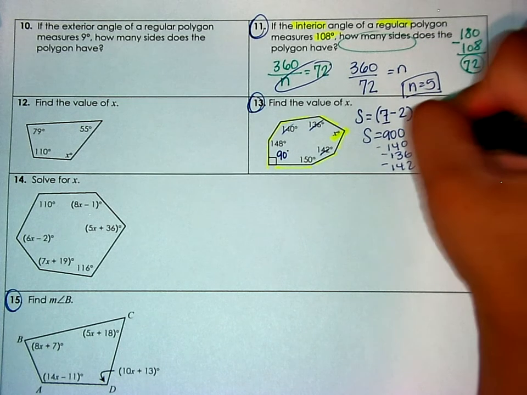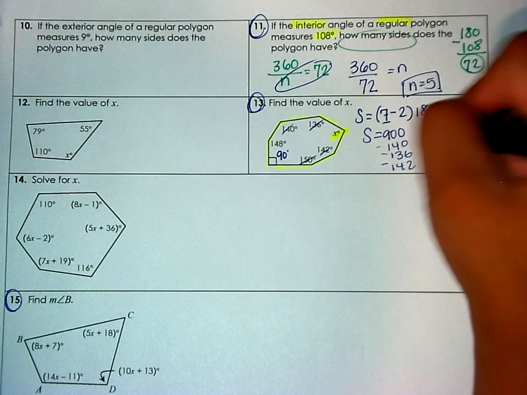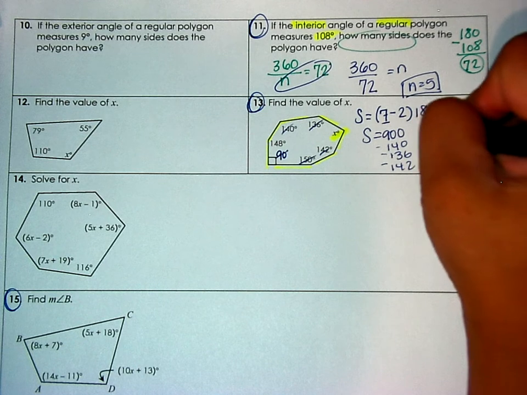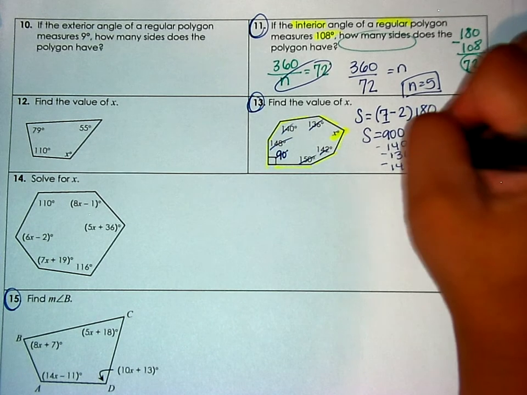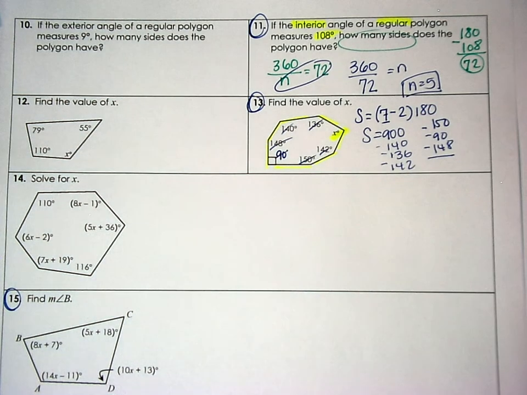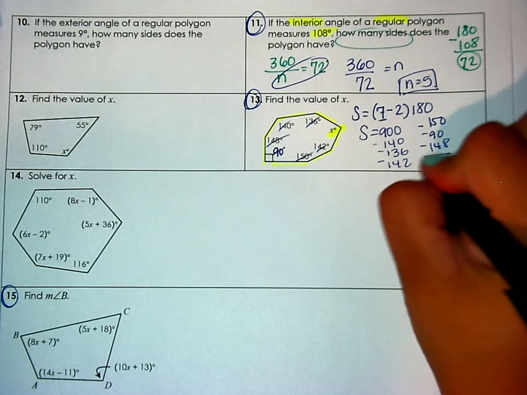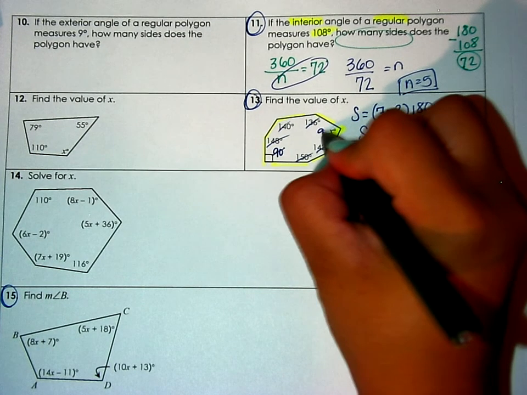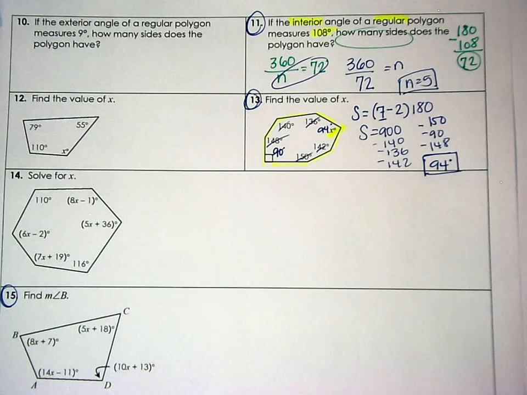Then I'm going to do 150. Don't forget the 90. And then finally 148. Once I subtract all of them out, so I do 900 minus all of those, I get an answer, and that answer is 94. Okay, that's what X is. It's the leftover piece.